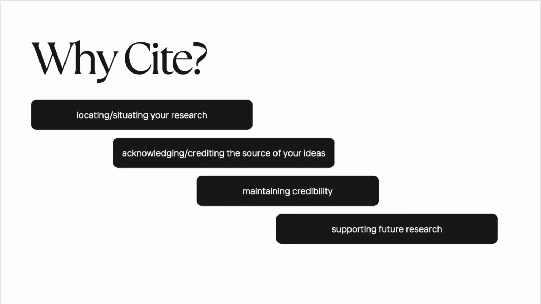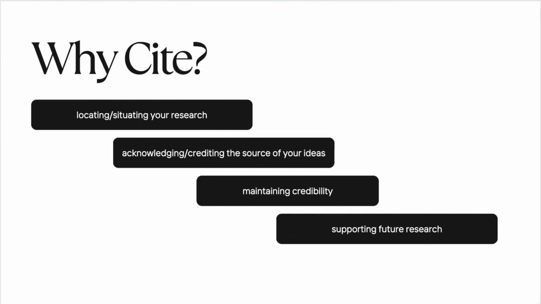Okay, so I put down four main reasons over here. One is locating or situating your research, which is, again, that point about keeping yourself in conversation with other researchers in the field. And then, of course, acknowledging and crediting the source of your ideas, which is just good practice, crediting the people who took the time and effort to come up with an idea and put it together in a publication and put it out there in the world.